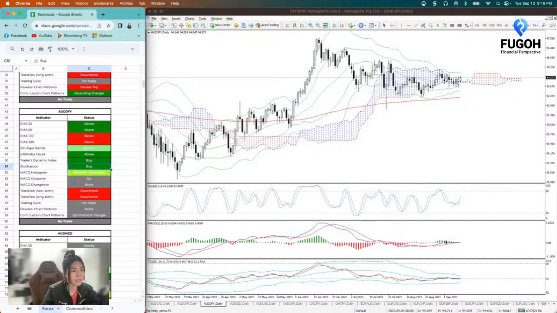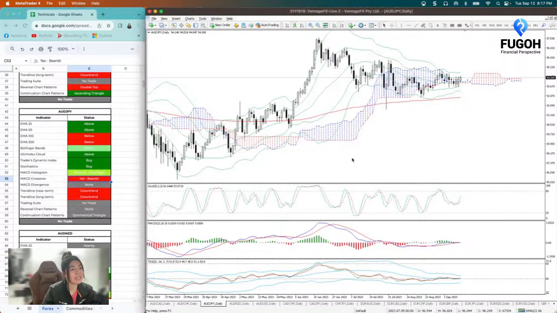For the MACD histogram, it's a down slope, still above zero. So there, do we have any crossover? Yes, we do have a crossover, but that is apparently a sell crossover. So yeah, bearish. Do we have any divergence? Let me zoom out.